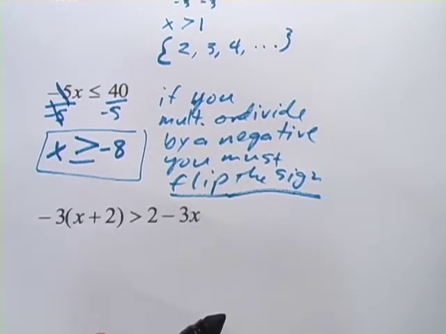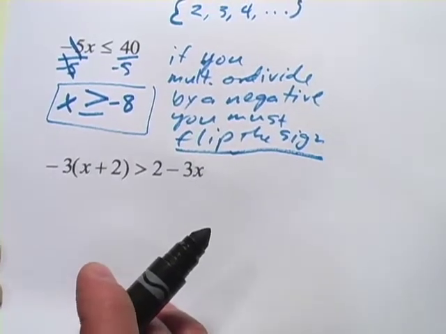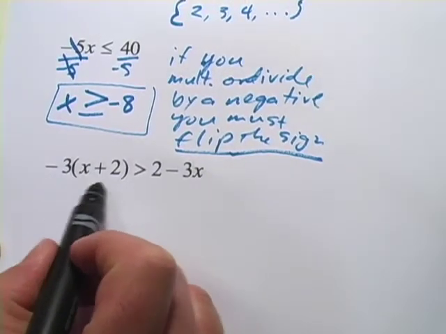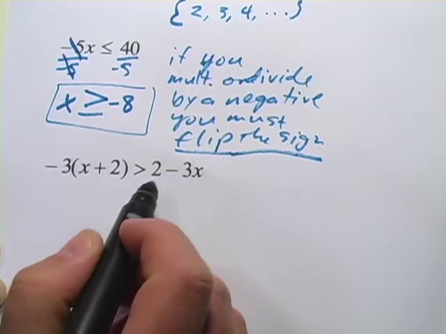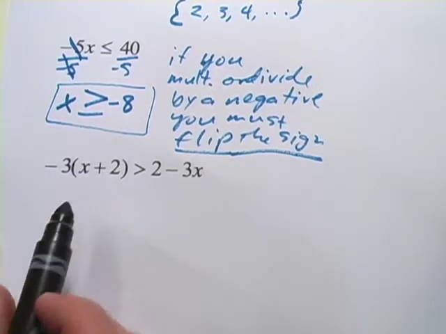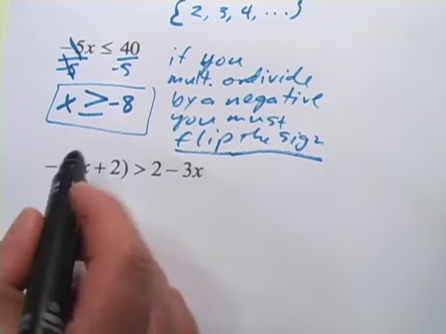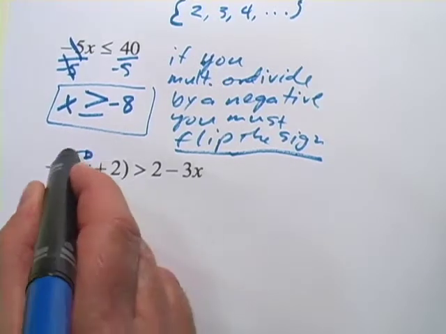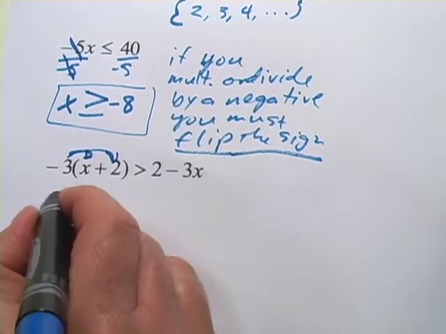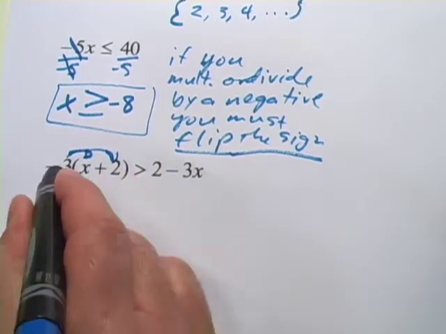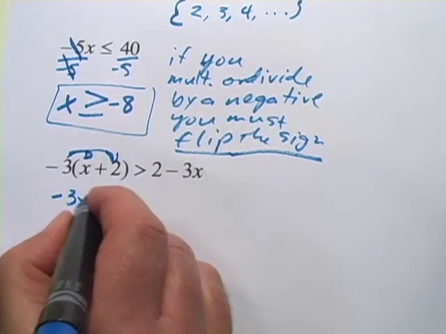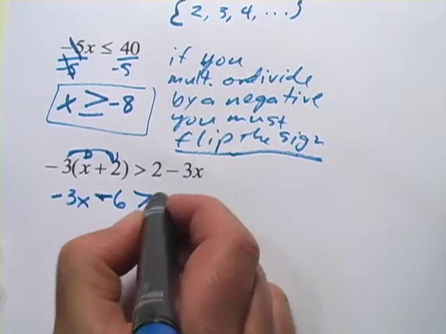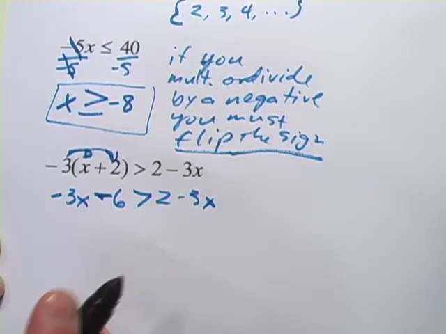All right, let's take a look at this complicated looking one down here. We have a negative 3, and then multiplied by x plus 2 is greater than 2 minus 3x. Well, the first thing you want to do, you've got parentheses here, you need to distribute that negative 3. So that would be negative 3x, negative 3 times positive 2 is negative 6, is greater than 2 minus 3x.